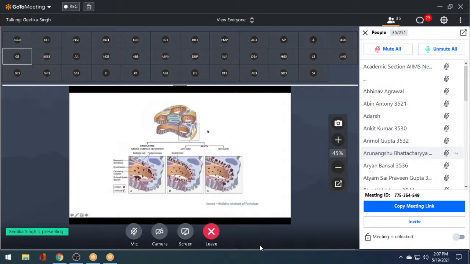Now, there are three ways in which these immune complexes come into the kidney. And one of the most common is when those immune complexes are present in the circulation, okay? So these circulating immune complexes, which are composed of both antigens and antibodies, will come. And anything that is in the blood, the kidney is going to get exposed to, right? The kidney actually gets 25% of the cardiac output.